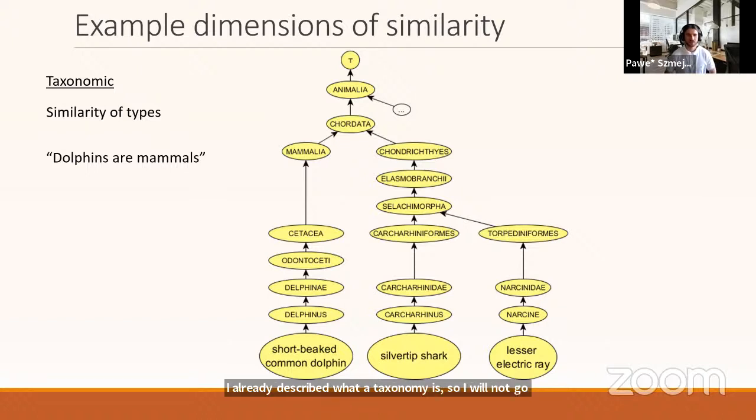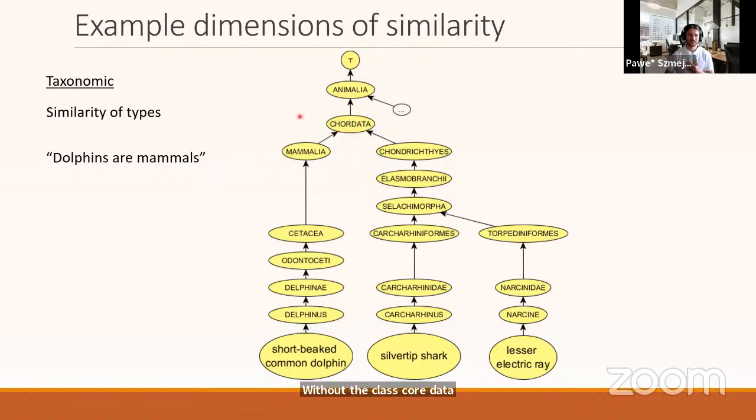Notice that similarity of taxonomy doesn't necessarily state that we need to represent this knowledge as a graph. So here we have this sentence, very short one, dolphins are mammals, which may also be described as this short part of the graph without the class chordata.